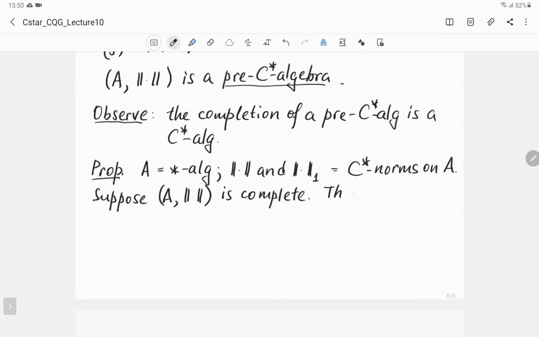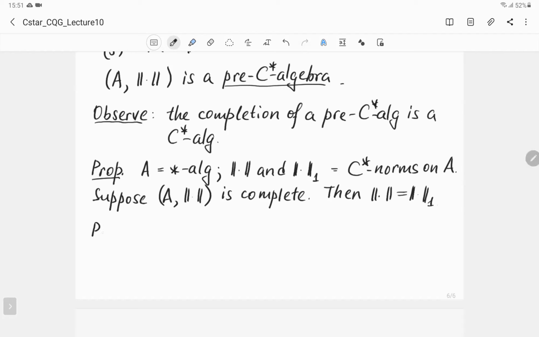I claim that these norms are equal to each other. So the difference between this proposition and our earlier result is that we assume the completeness with respect to one of the norms, but not with respect to the second one. So this is slightly more general than our earlier result, where we assume the completeness with respect to both of them.